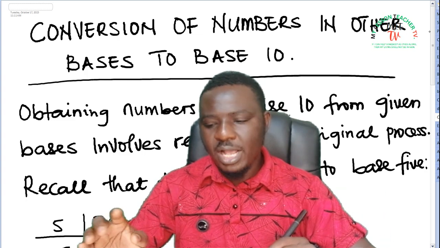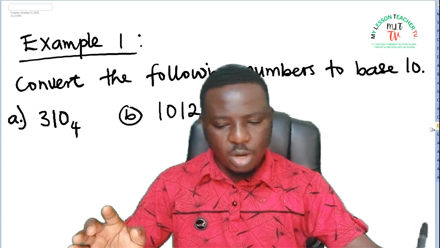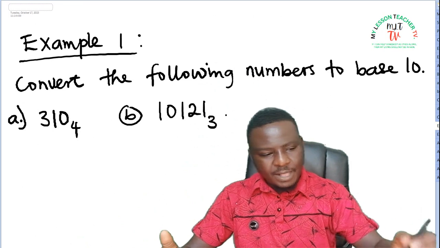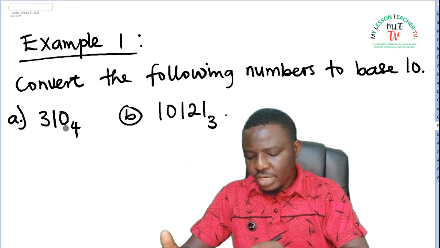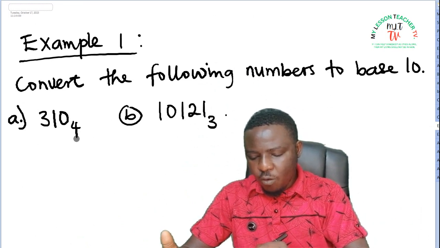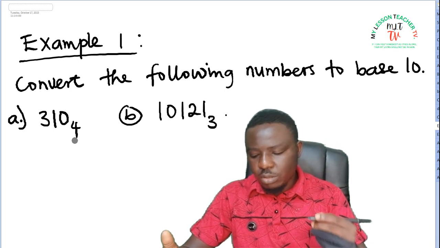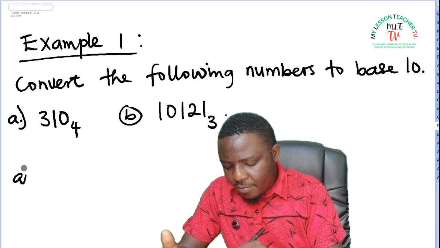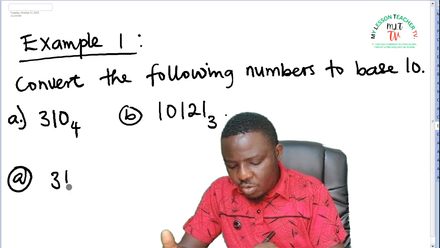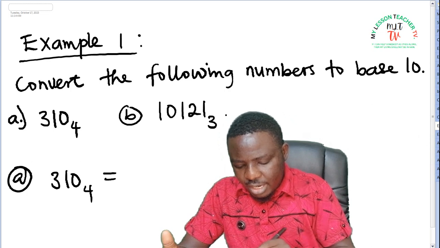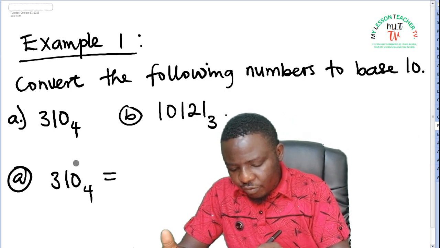Now let's take more exercises on this. Example 1. We are asked to convert the following numbers to base 10. A, we have 310 base 4 converted to base 10, and we shall do this using the expansion method. So A, we have 310 base 4, which you can then write in expansion form.